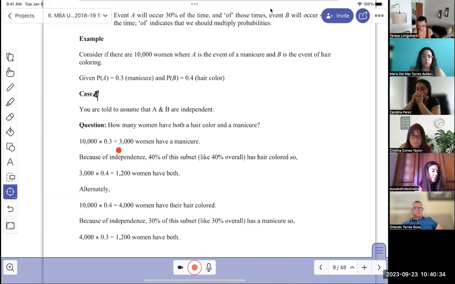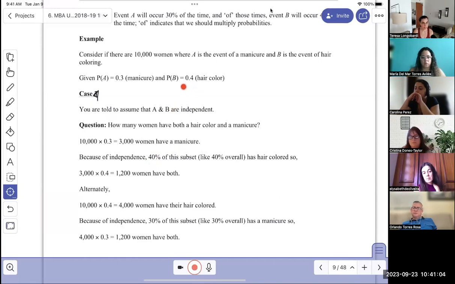So 3,000 women will have a manicure. Because of independence, out of those 3,000, a fraction of them will also have their hair colored. So I can just multiply to find out what that is. That's why I'm able to multiply when events are independent, because the proportion of women who had a manicure who also have their hair colored doesn't change.